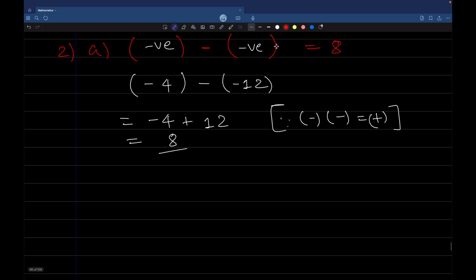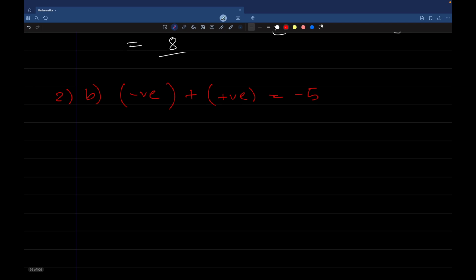Now question number 2b, you have to find one negative and one positive integer whose sum is minus 5.